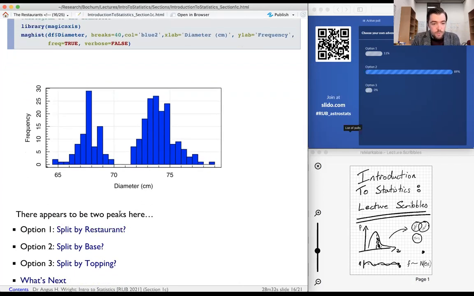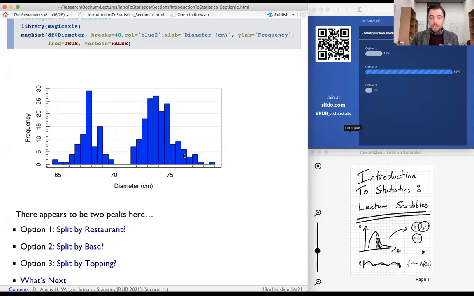The next option that we have is to say, okay, there's 2 peaks here. We now want to try and learn something about this data by delving deeper and looking at the data split in a visual way by diameter, looking at the diameter of the data split by some additional quantity.